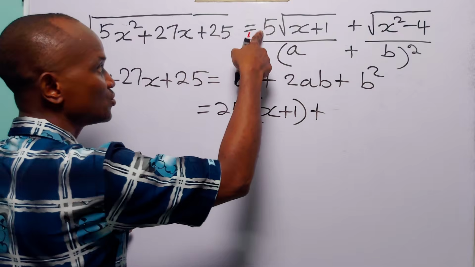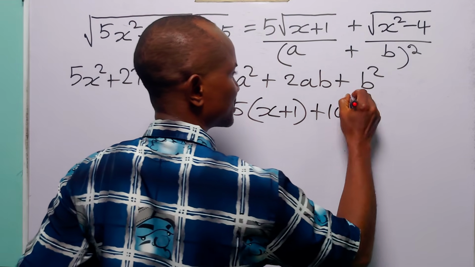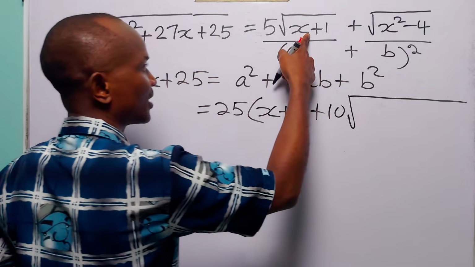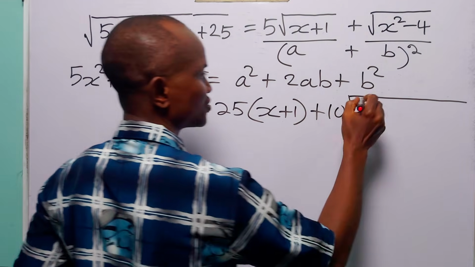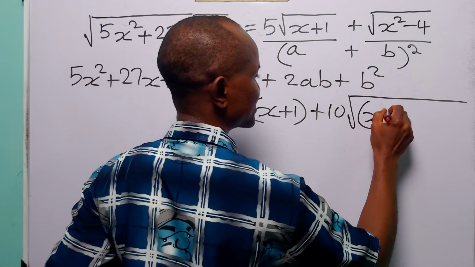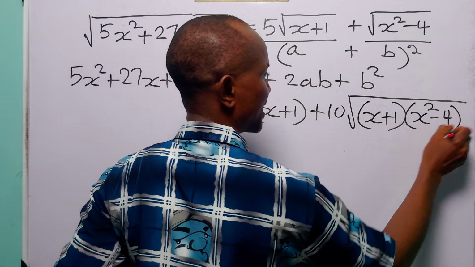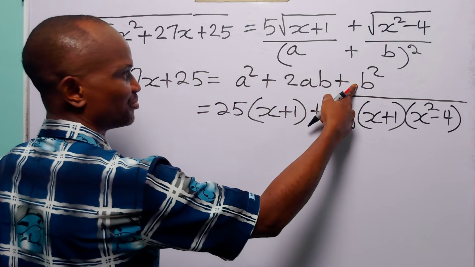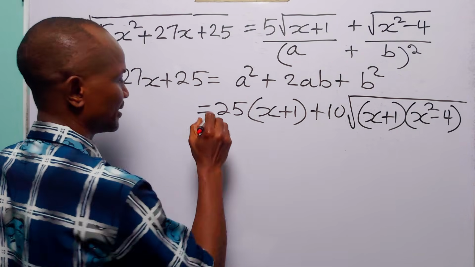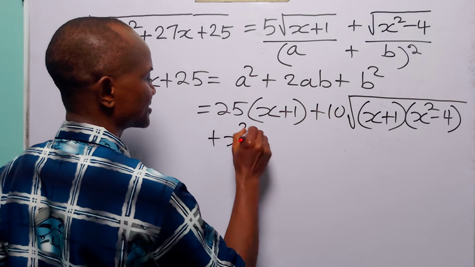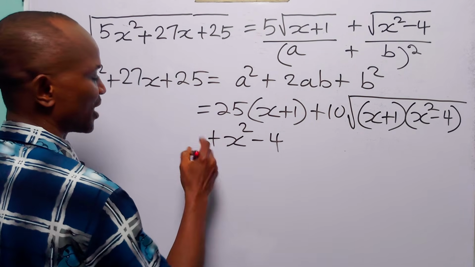Then we have 2 times 5, that is 10, times the square root of x plus 1 times x squared minus 4. So under this square root, we have x plus 1 times x squared minus 4. Finally, we have b squared, that is root x squared minus 4 squared, which is equal to x squared minus 4.